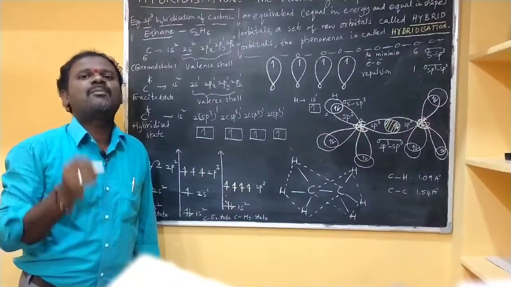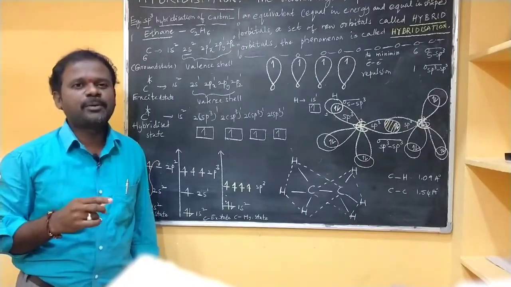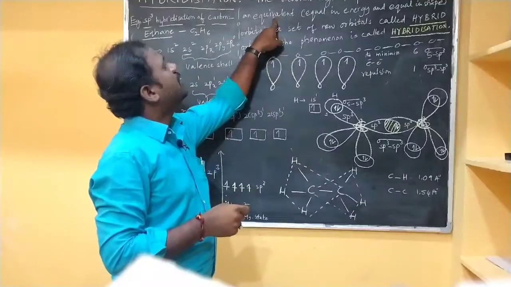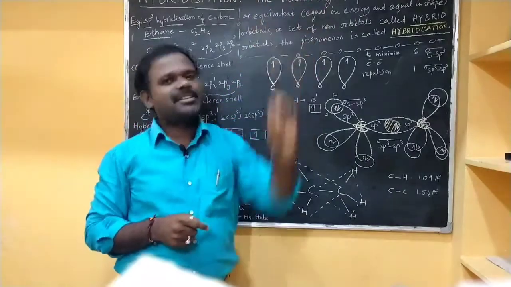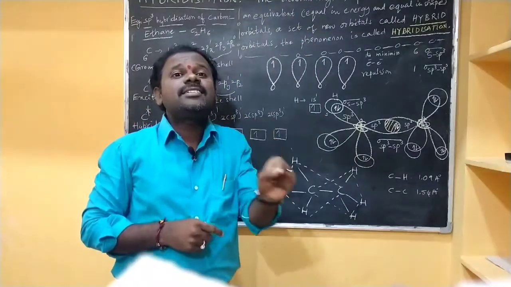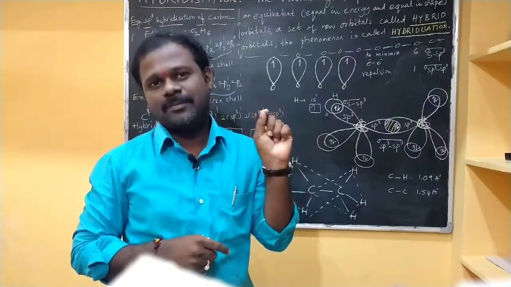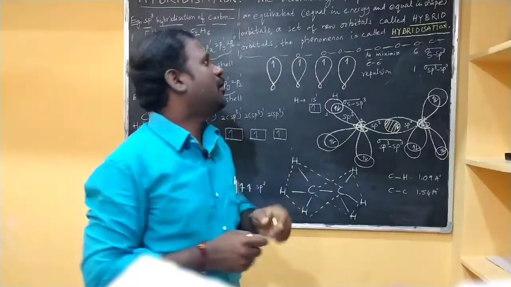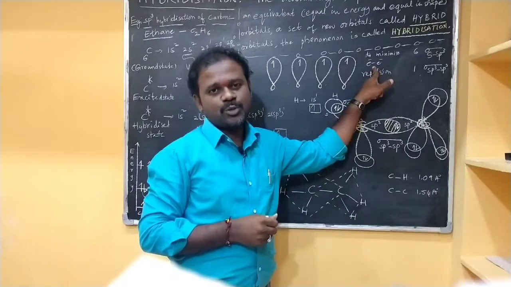And what is the bond angle? I said they form an equivalent set of orbitals. They are equal in energy, but their orientation is different. They are arranged tetrahedrally to minimize electron repulsions.